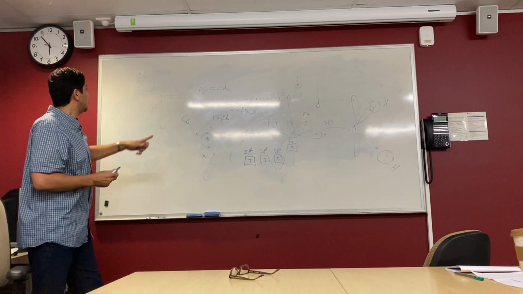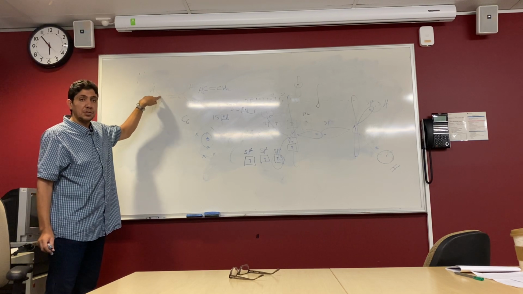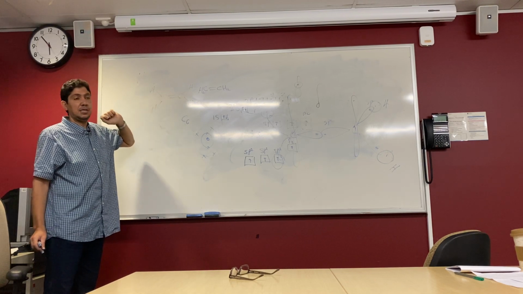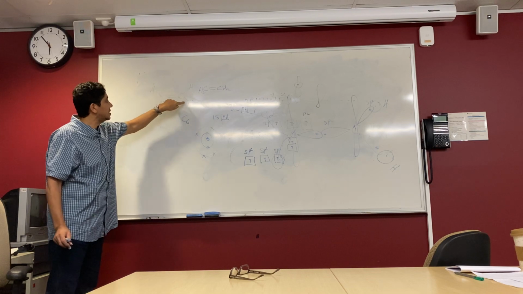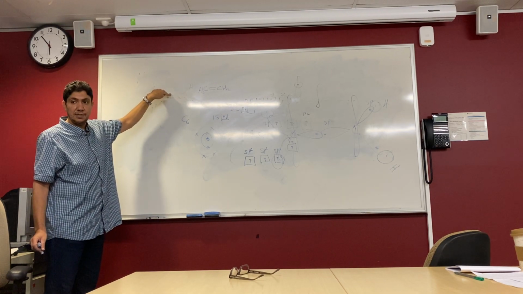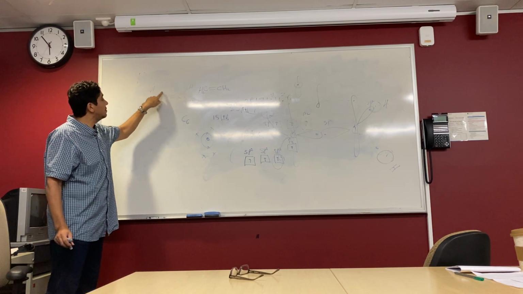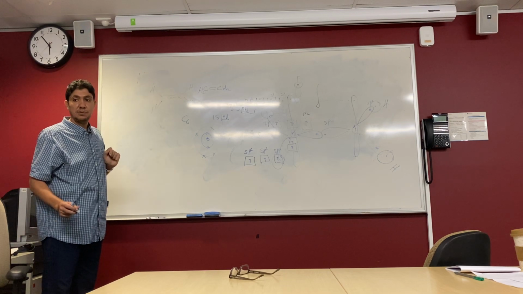Okay? So this molecule, how many sigma bonds? Each single bond is sigma. So this is 1 sigma, sigma, sigma, sigma, sigma. And the second bond will be pi. Okay? So we have 5 sigma bonds and 1 pi bond.